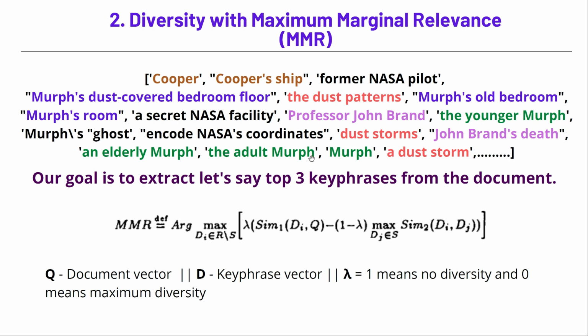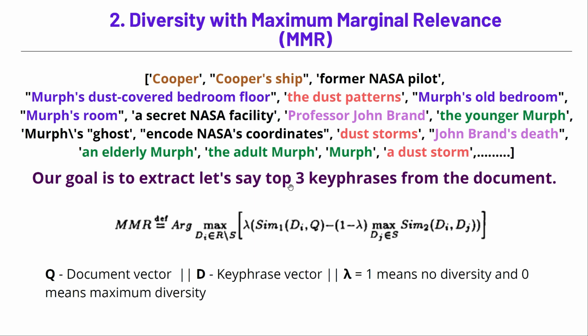So essentially what's happening here is that we have the whole document vector, and we have these keywords which are sorted by their similarity to the whole document vector. But in order to pick, let's say, the top 3 key phrases, there are 2 parameters to consider.